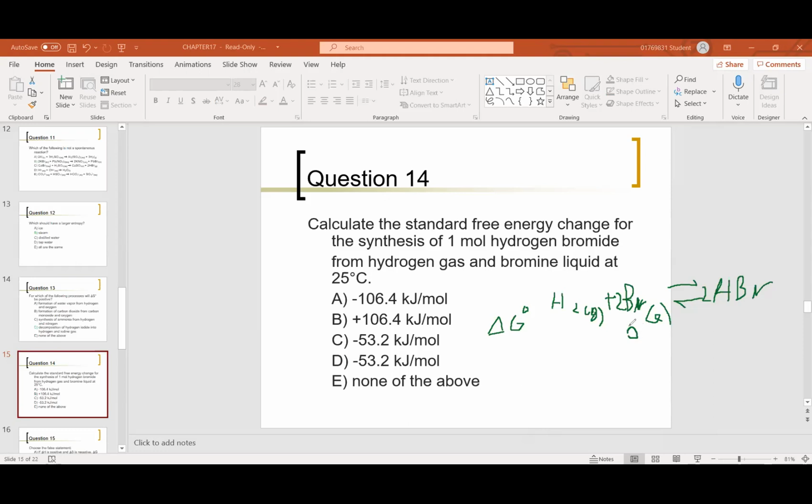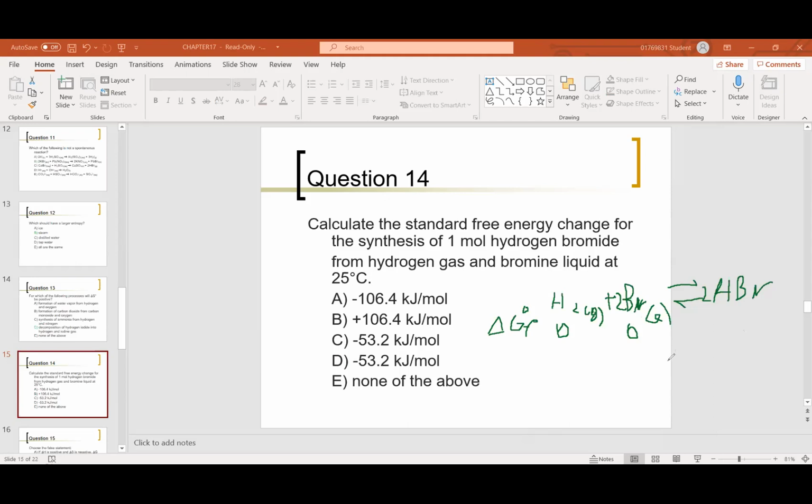This one is 0 for delta G f. Right. 2 HBr. Now I need to go to H. Hopefully I have HBr. H, do I have H? Okay, H2 gas is 0.